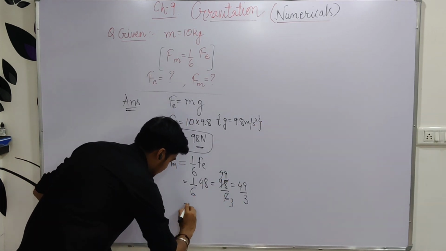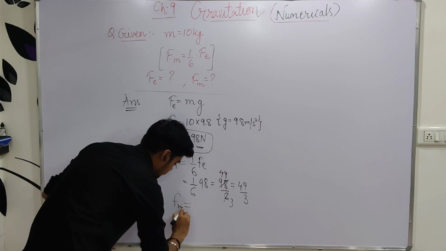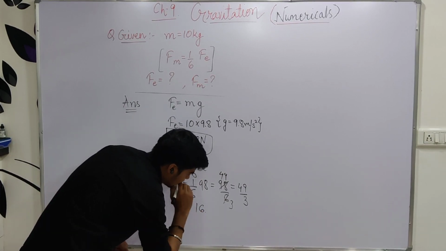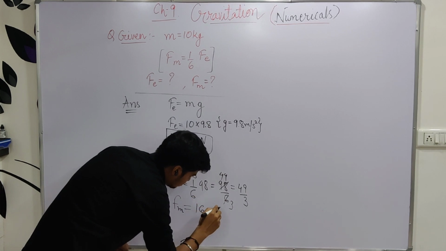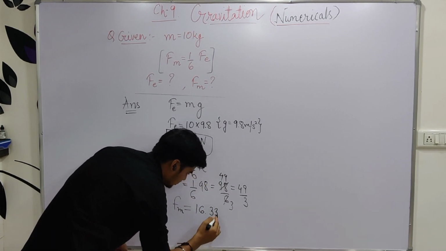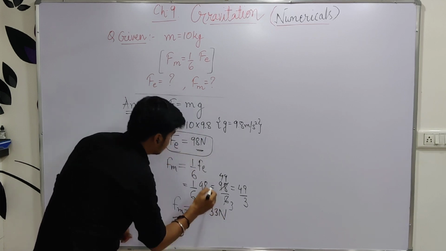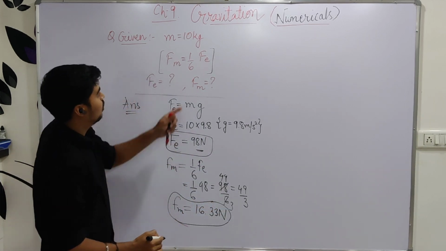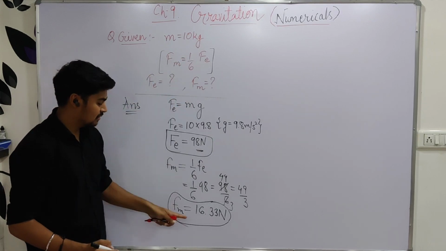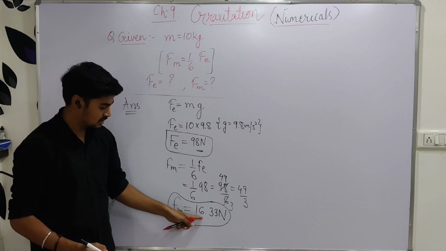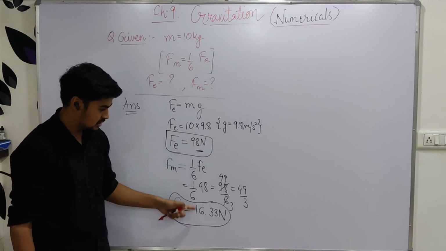If you want to get the decimal value, that is 3 1s are 3, 3 6s are 18, 3 3s are 9, so 16.33, and the forces are in Newton. So the same object of mass 10 kg will have a force exerted by the moon on the same object of 16.33 Newton. See the change.